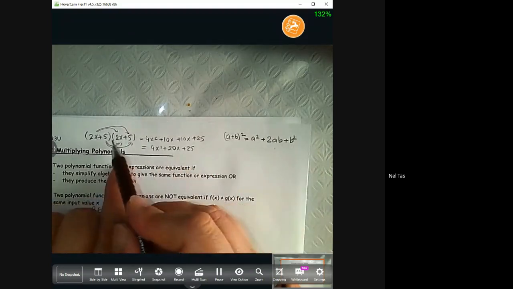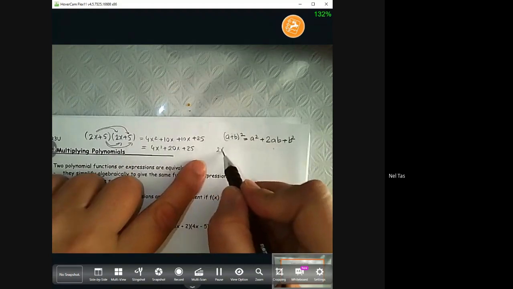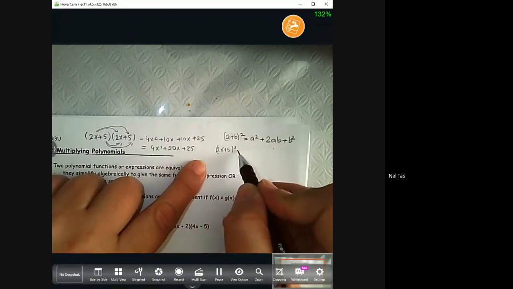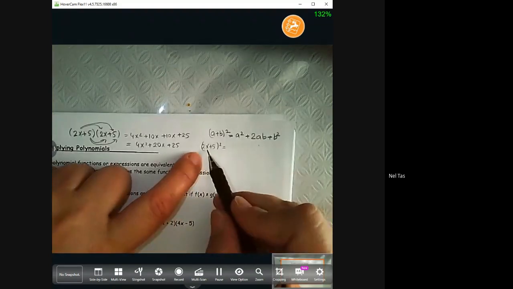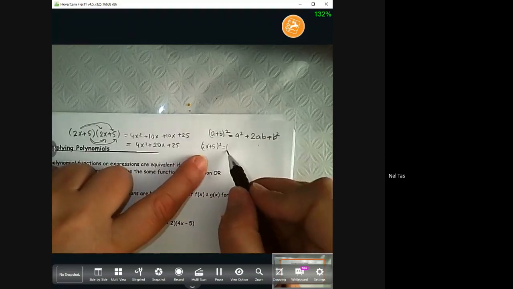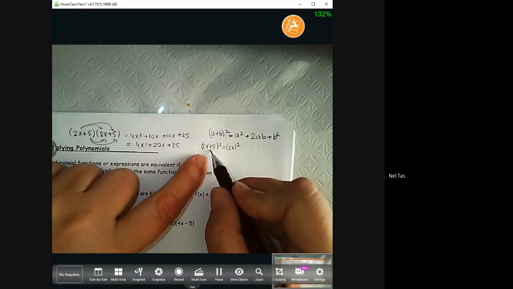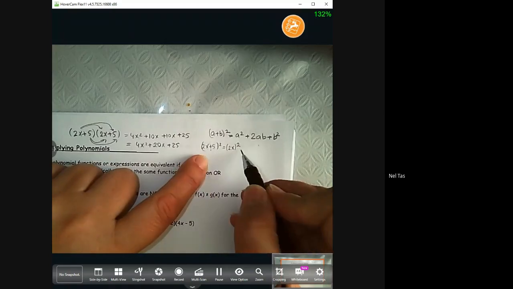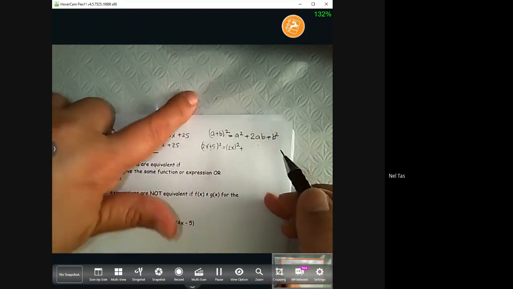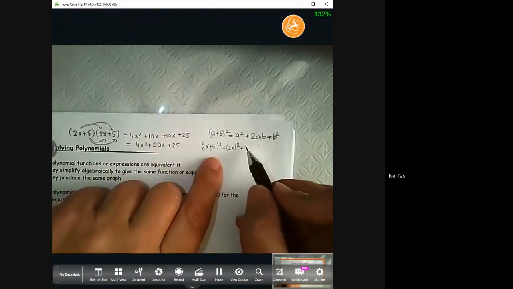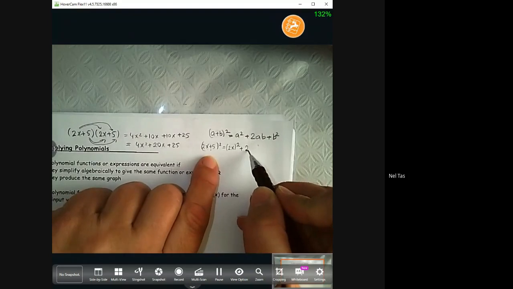If we apply this to 2x plus 5 squared, we take the square of the first term, so 2x squared. So use the sign, this plus, and that's going to be the sign of the second term. Then we multiply first and second term and multiply all of them by 2.